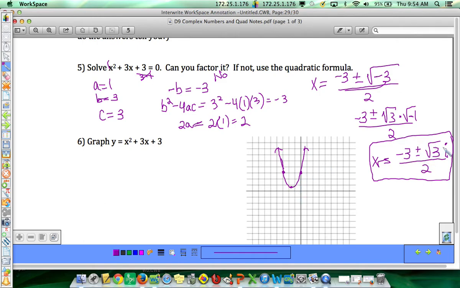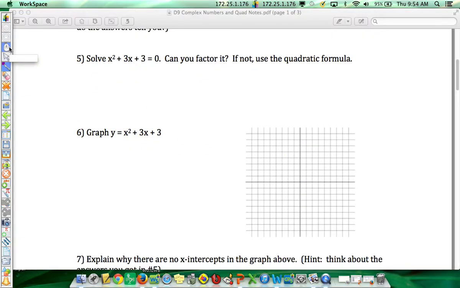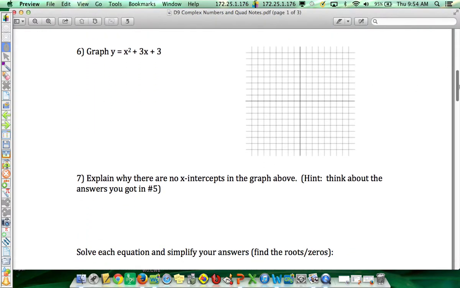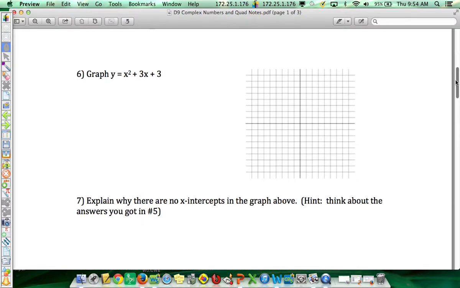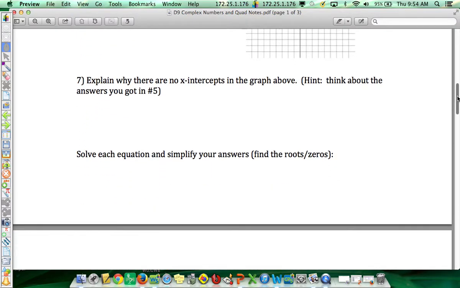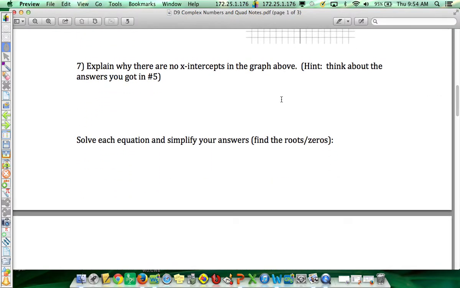Whenever you have an imaginary number in your solution, you are not going to have x-intercepts. So I just kind of explained number 7 there, so if you can write that out. There are no x-intercepts in the graph above because the answers we got in number 5 were imaginary numbers.